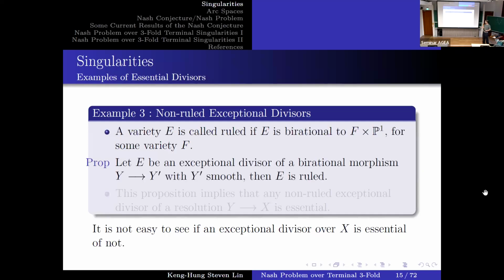There's a proposition telling you that if E is an essential divisor of such a morphism Y to Y prime with a smooth base manifold, then E is ruled. Directly applying this proposition, if we have an exceptional divisor which is non-ruled, then this divisor will be essential.